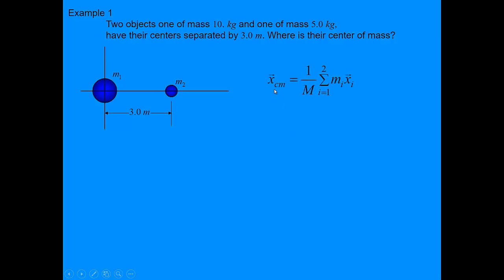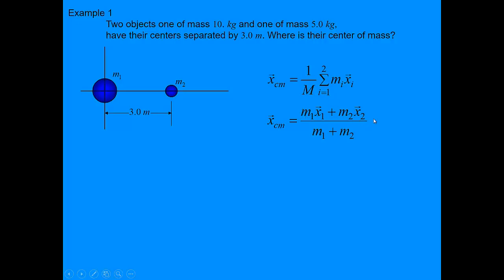So, one-dimensional, horizontal. So the x position of our center of mass is 1 over m times the sum from i equals 1 to 2 of all of the m_i x_i's. See how I put a 2 there because there are 2 particles? That means that we are summing, adding 2 m_i x_i's, which if we expand it, would look like this. See how I got from here to here?